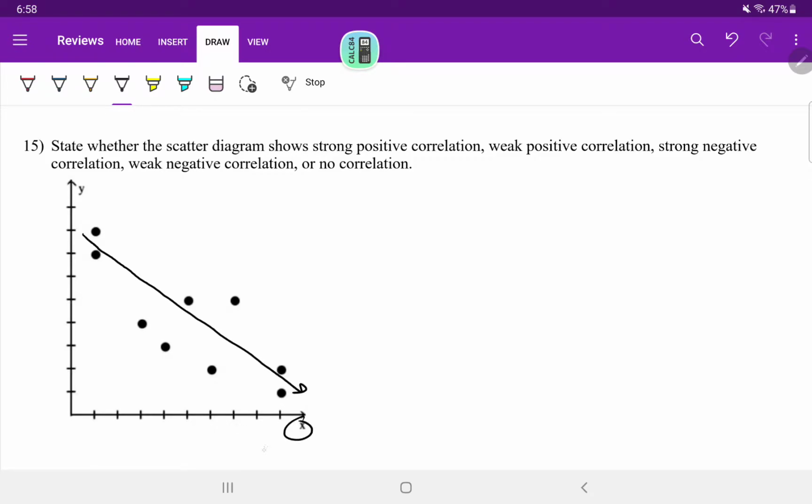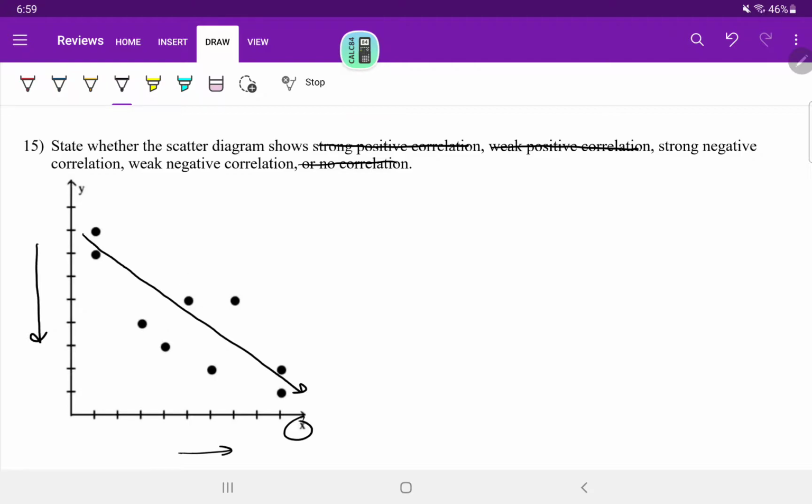As X gets bigger, Y seems to get smaller. So we can establish the fact that there is some sort of negative relationship. So we can eliminate a strong positive and a weak positive. And because we can see that there's some sort of relationship, we can eliminate the option of having no correlation.